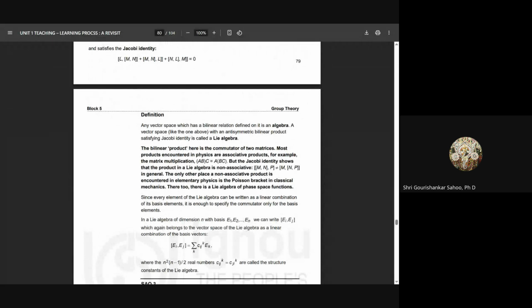Then the bilinear product here is the commutator of two matrices. Most products encountered in physics are associative products. For example, in matrix multiplication, AB multiplied by C is equal to A multiplied by BC. But the Jacobi identity shows that the product in a Lie algebra is non-associative in general.